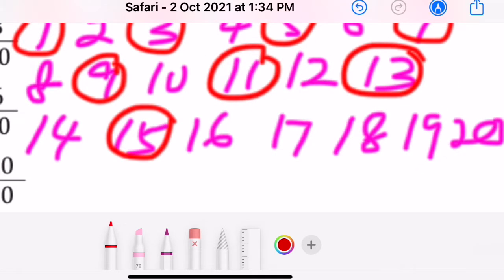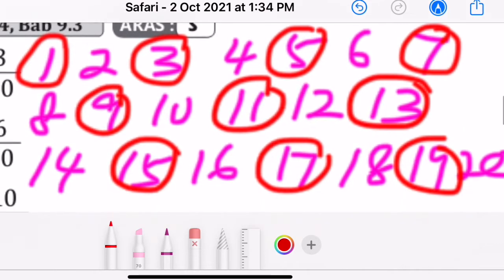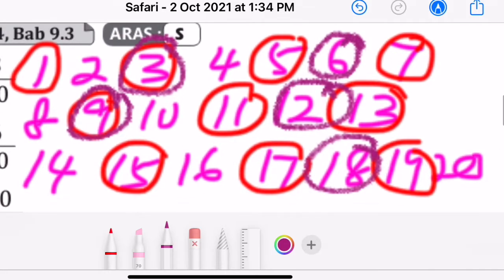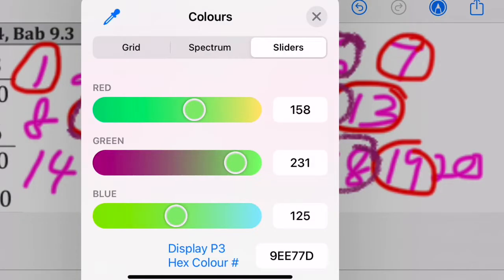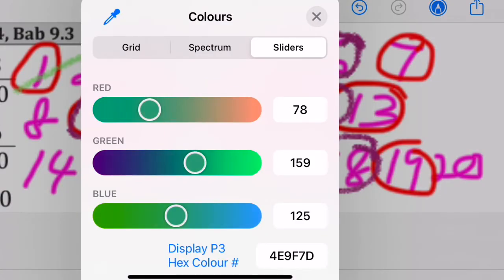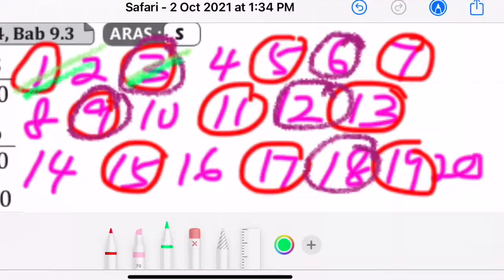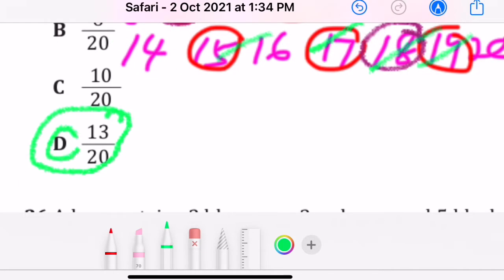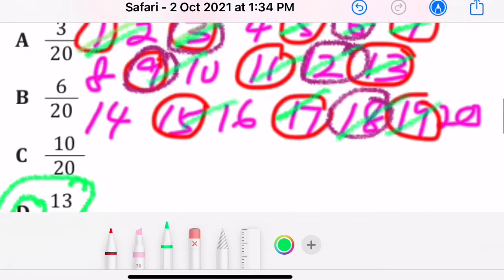And then multiples of 3: 3, 6, 9, 12, and 18. Let's count how many we have: 1, 2, 3, 4, 5, 6, 7, 8, 9, 10, 11, 12, 13. So 13 out of the total sample space, 13 over 20. That's how you list out.